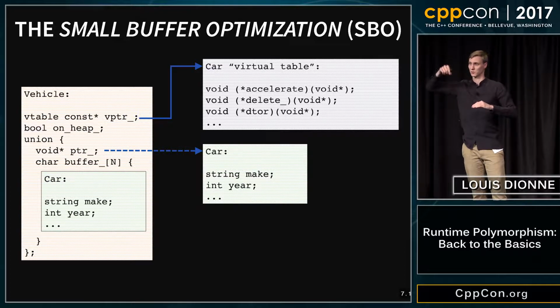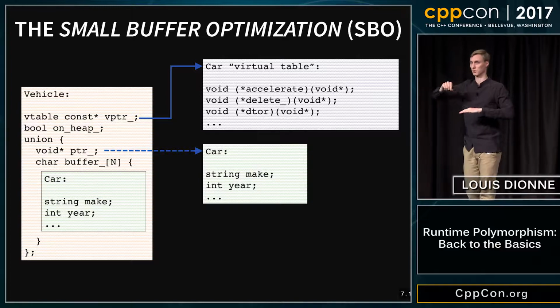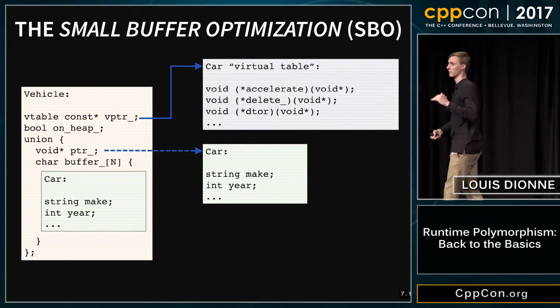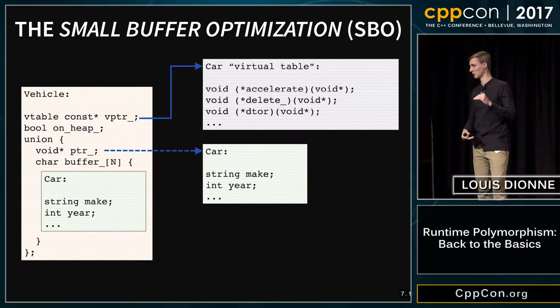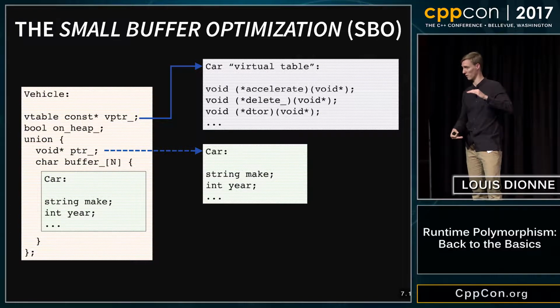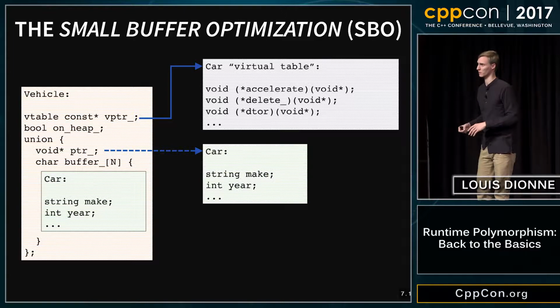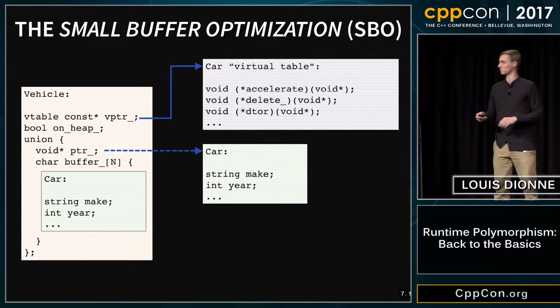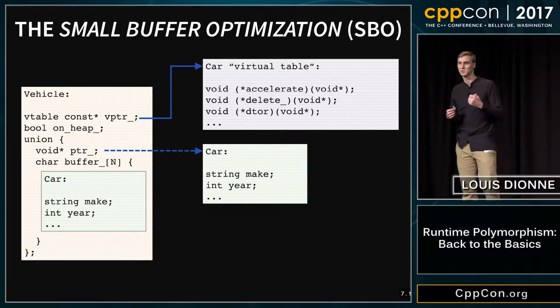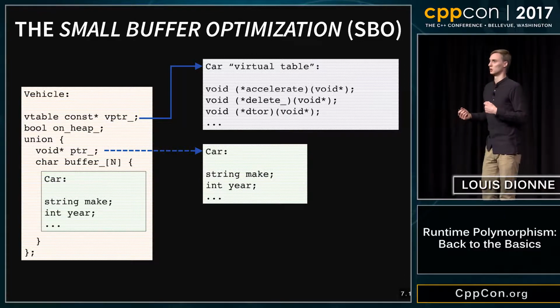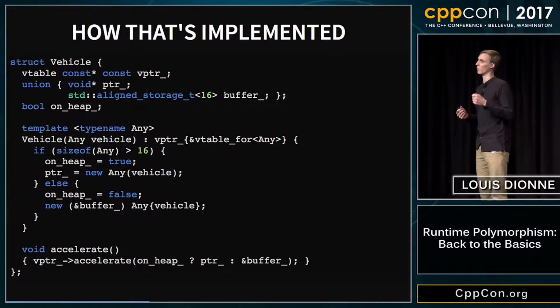If what you're being constructed from, like the derived class in a sense, fits in the buffer, you can put it there, and you don't need to go to the heap because you have enough storage right here. And if it's too large, then you need to go to the heap. There's a bunch of ways of implementing this, but you basically need one bit of information encoded somewhere to know whether you're on the heap or in the local buffer, okay?